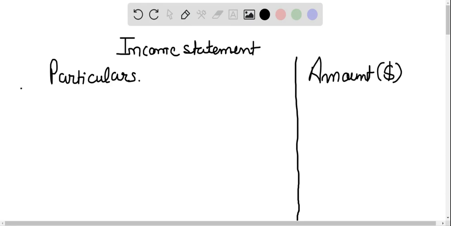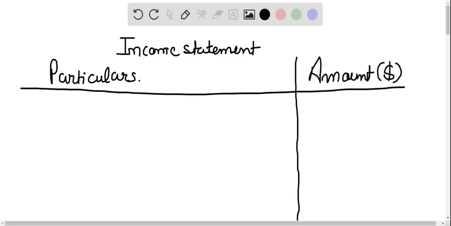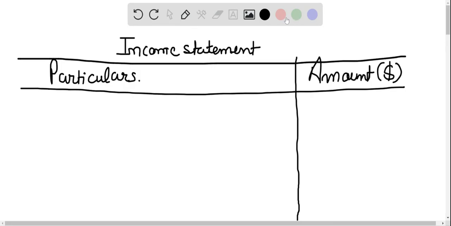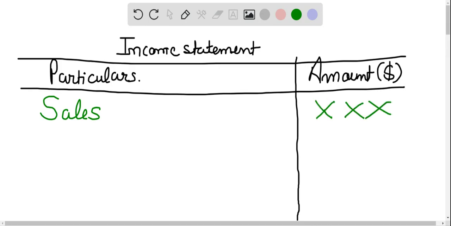Okay, so first of all we will write the item which is actually most important to every business entity, and for which the business entity has been established, that is sales. Followed by that we will have other income.